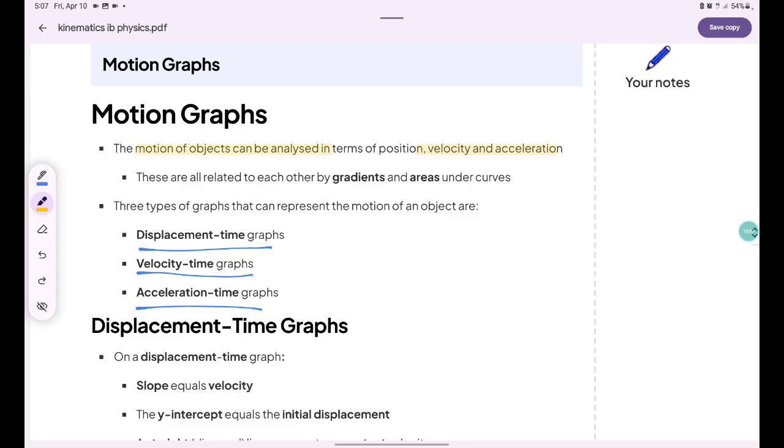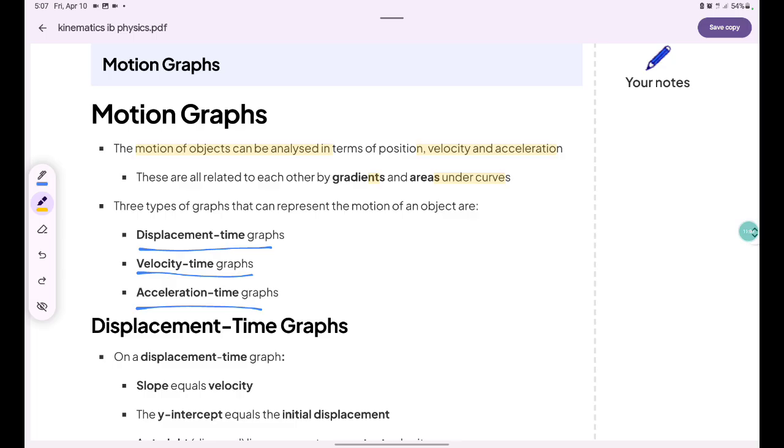These are all related to each other by gradients and the areas under the curves.